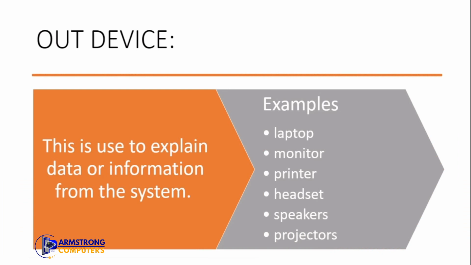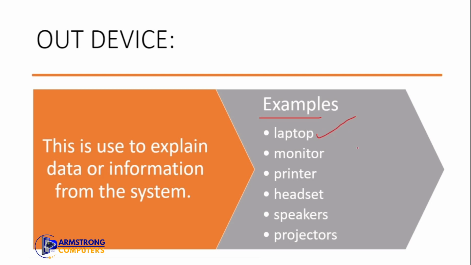The next one I'd like us to deal with is the output device. As I just said, to work on a computer, you should know about its various devices and functionalities. An output device is used to display data or information from the system. An example is a laptop screen.